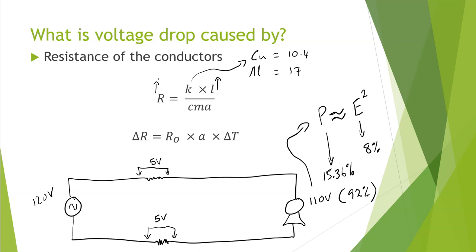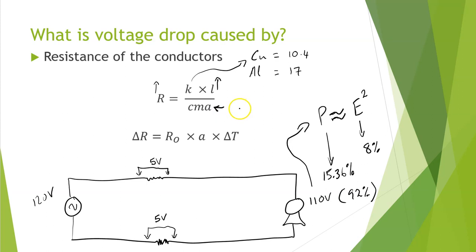Now the last factor that has a significant impact on the resistance of the circuit pathway is the actual AWG gauge of the conductor, or rather the cross-sectional area of the conductor. And based on the American wire gauge system, we refer to the cross-sectional area of the conductor by the unit CMA.